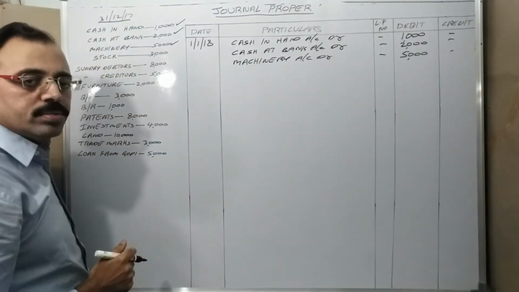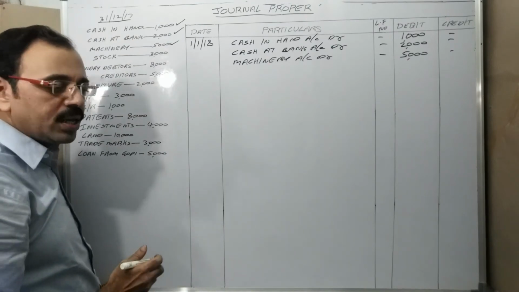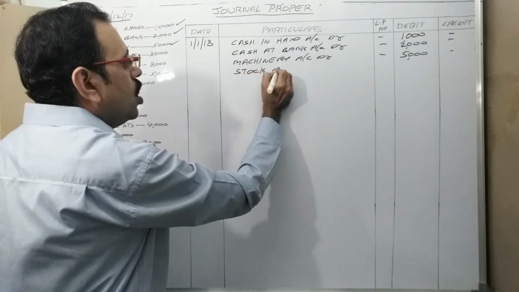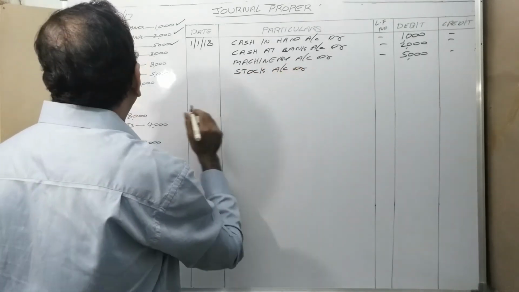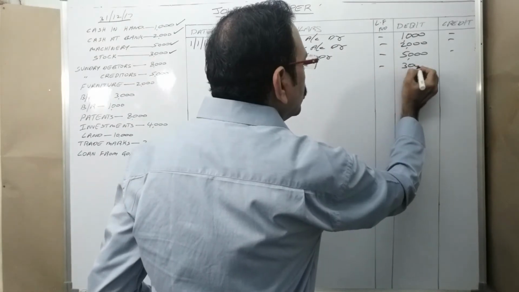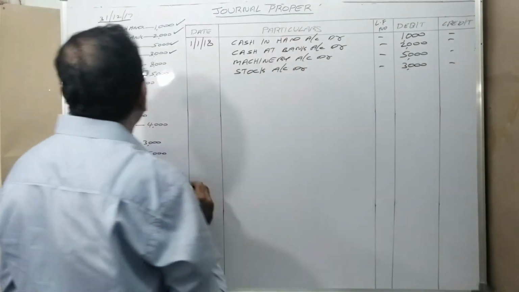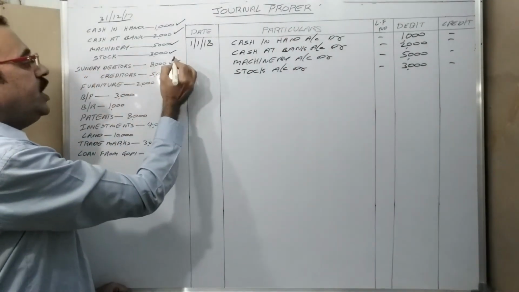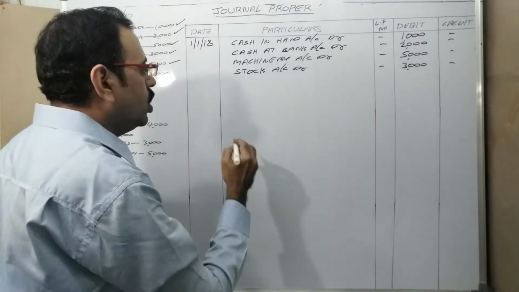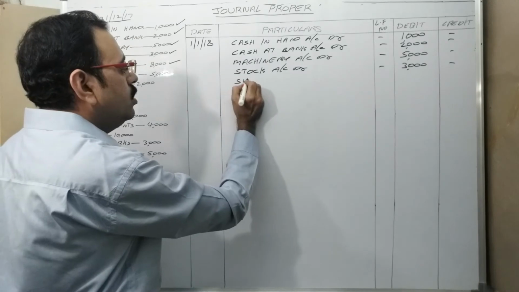Then stock, goods, inventory. This is also an asset. Stock account debtor. Amount is 3,000 rupees. Then sundry debtors is an asset because they are liable to us. We should get the money.